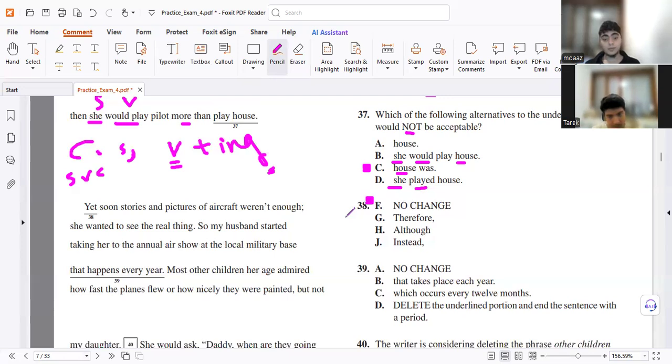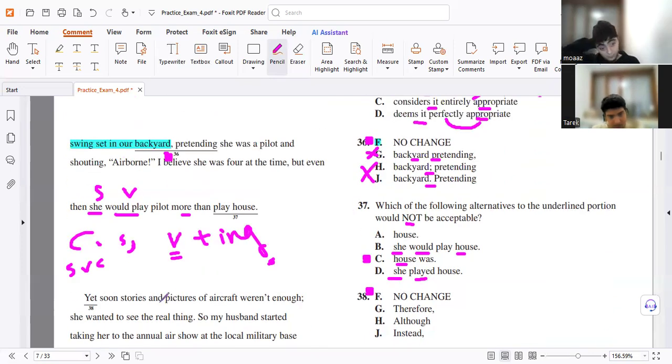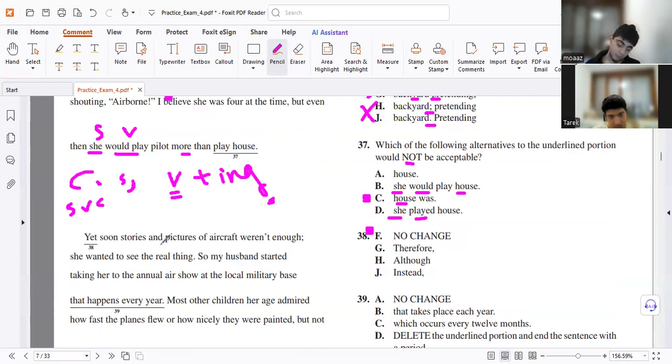Do we have contrast? This part is a little bit hard because this paragraph has a relation to the preface. Look, I believe she was 4 at the time, but even then she played pilot more than the house. Soon stories and pictures of aircraft were not.